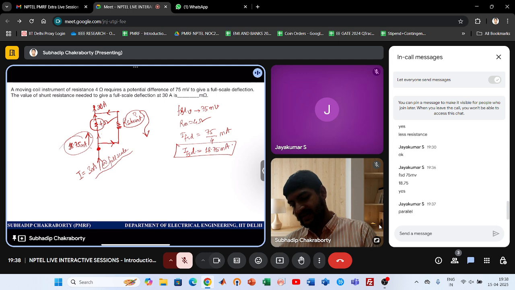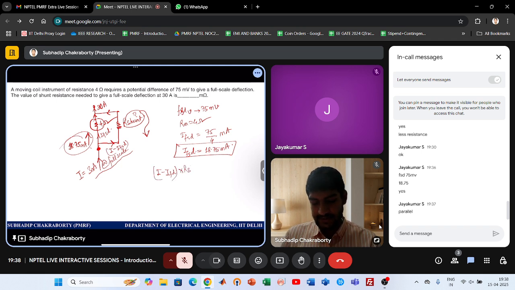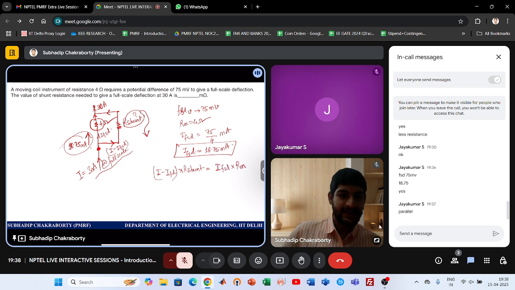So this is IFSD, at full scale I am telling. And this is I minus IFSD. So what you can tell? I minus IFSD is the current flowing through the shunt, into R shunt, this is the voltage, which should be the same as IFSD times Rm.